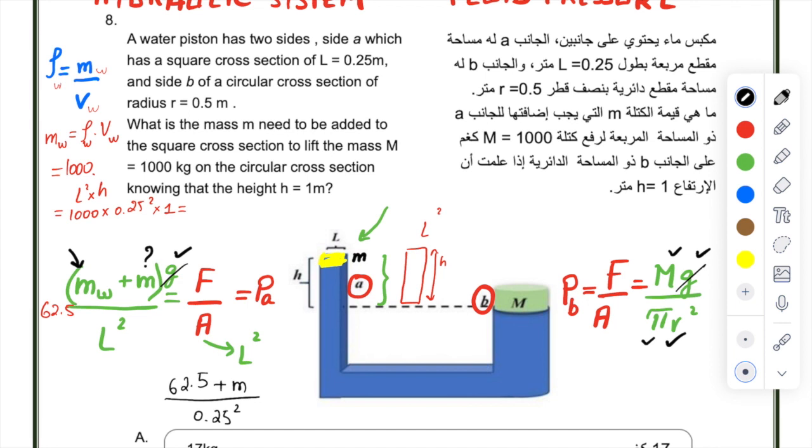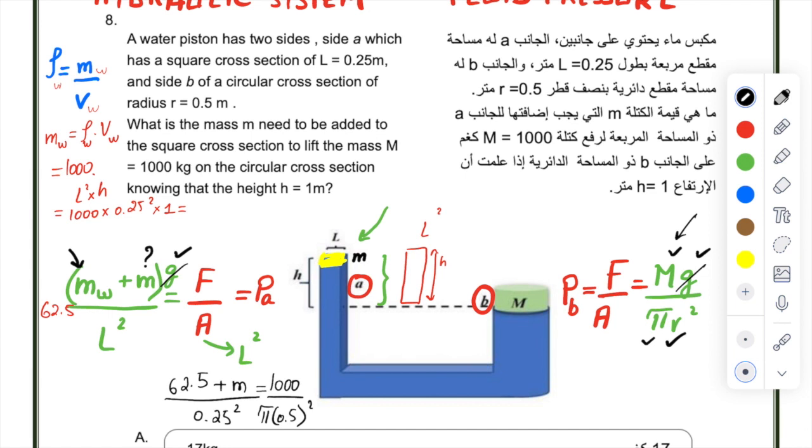And on the other side, I had the capital mass, which is 1000. We simplified by G, 9.8, divided by pi times the radius 0.5 squared.